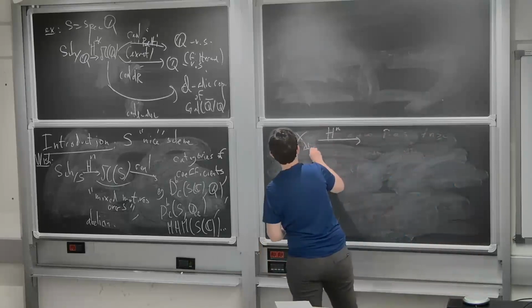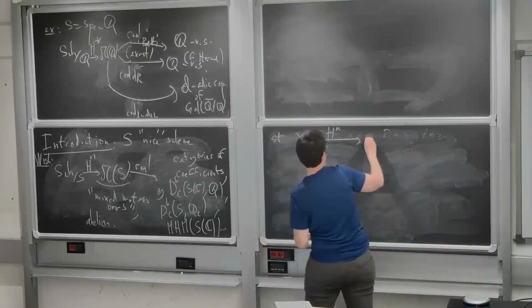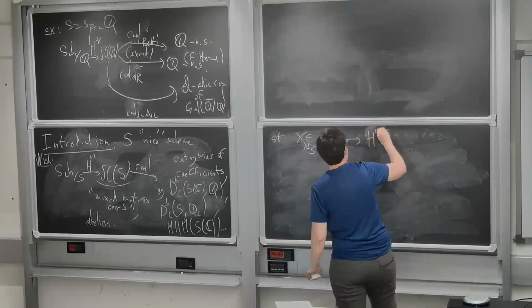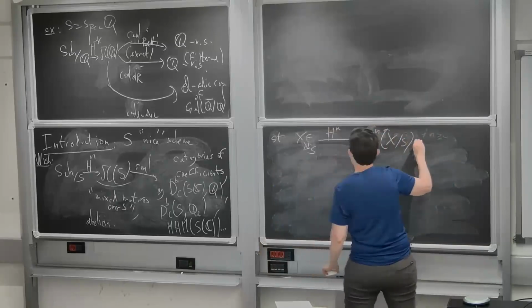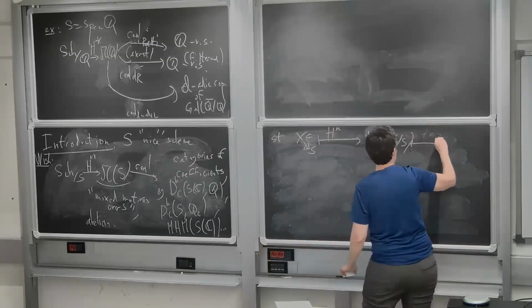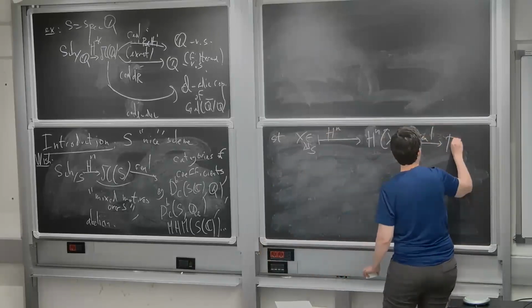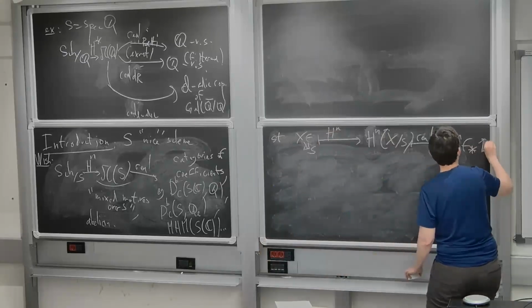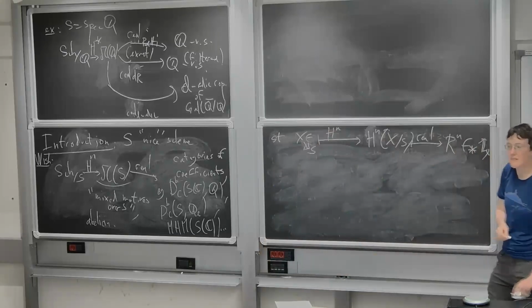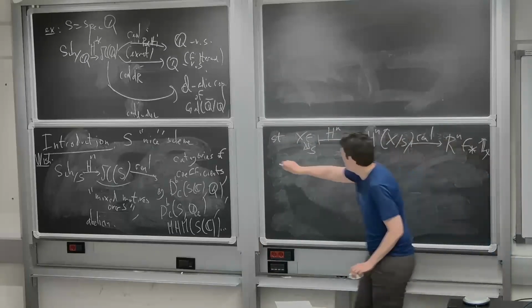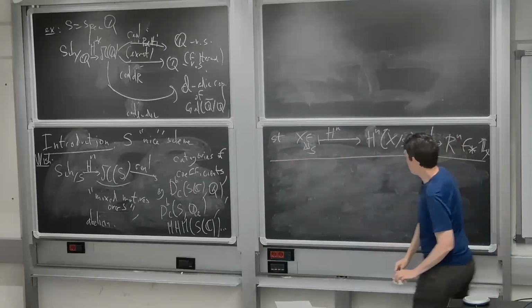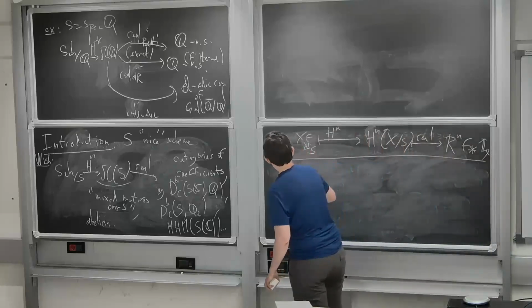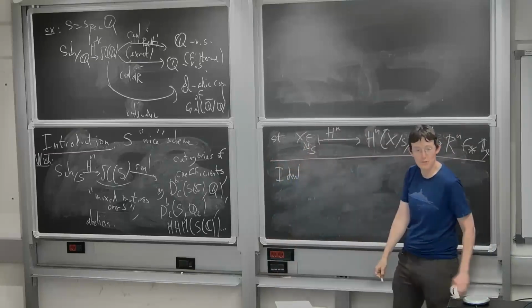So let's call this f. Then you get some motive H^n of X over S. And then if you apply the realization, you're supposed to get R^n f_* of the constant object on X, whatever it is. Now, let's talk about the ideal picture. And then I will tell you what is known of the ideal picture.